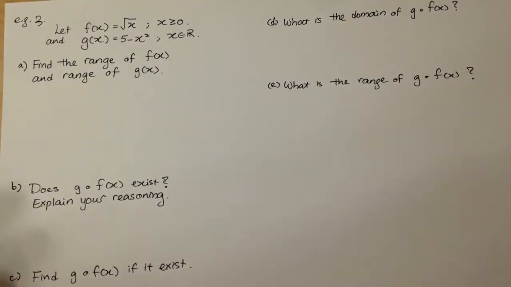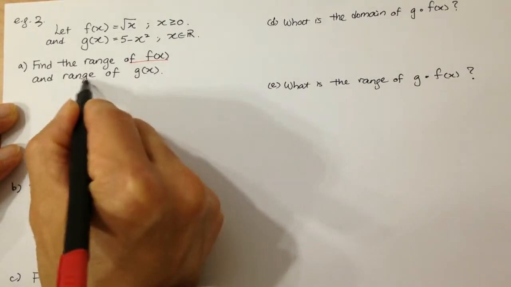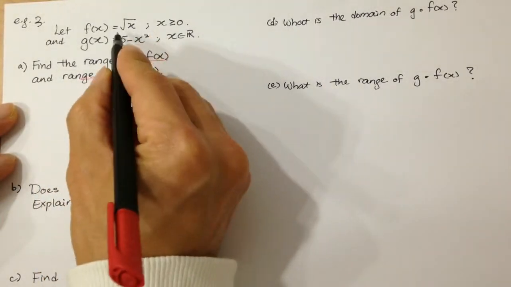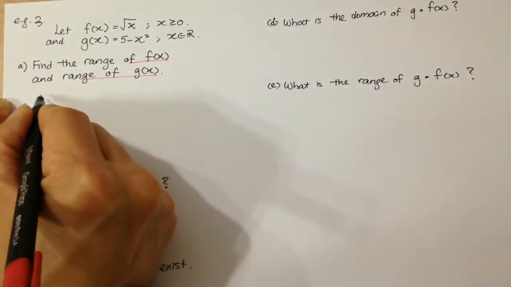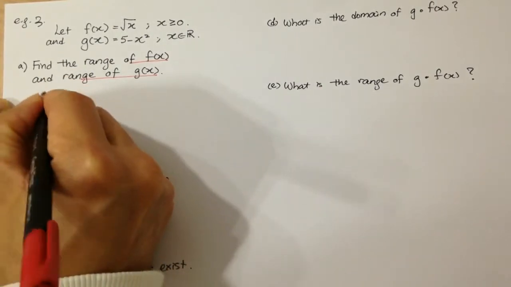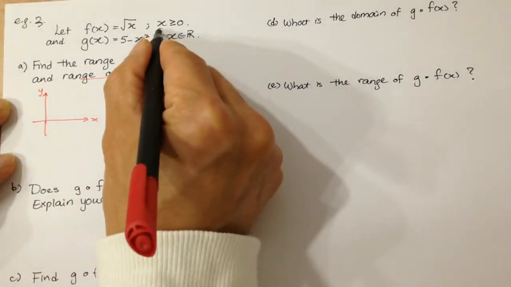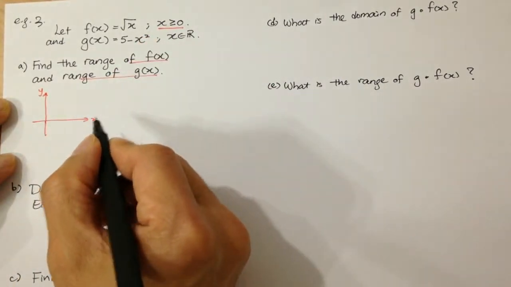Number 3 here, we need to consider the range of f and the range of g of x. It might be easier to sketch a diagram. So for f, this is my x, this is my y, and x here must be larger or equal to 0.